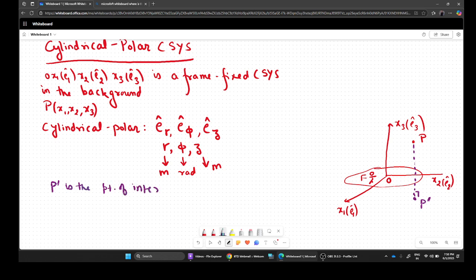Thus, point P prime is the point of intersection of the perpendicular dropped from P, the current location of our particle of interest, to the plane x1 e1 x2 e2.